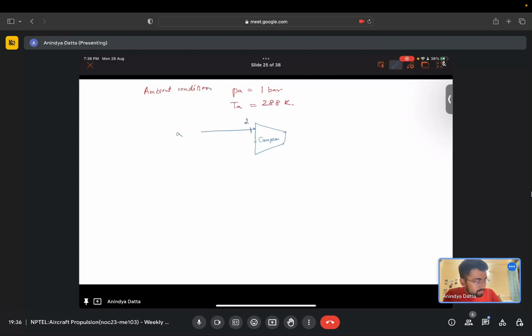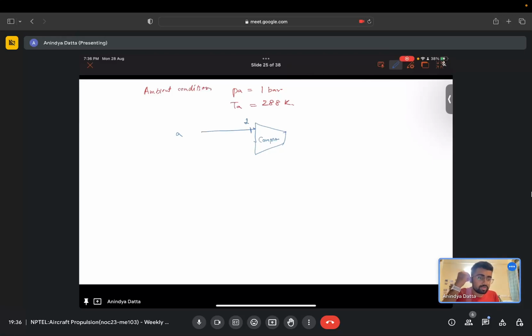Close to the ambient, the compressor is drawing air from the ambient, and this is a stationary gas turbine, right? So in the ambient, the flow velocity is basically 0, because the air in the surroundings is at rest.